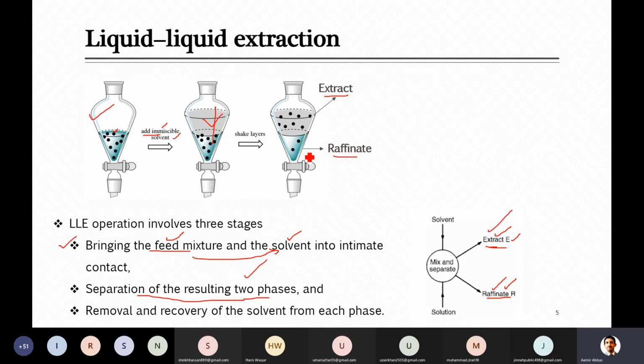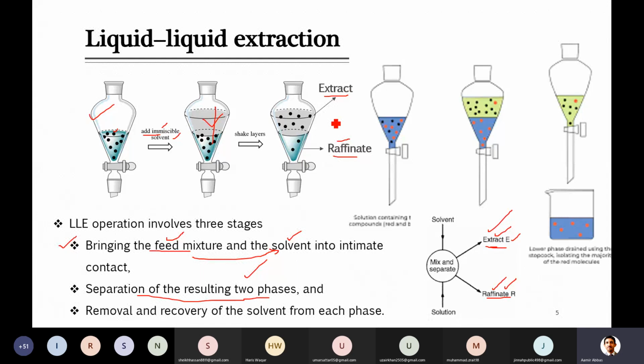But if your solvent is heavier than the feed, it will be reversed. Still, their names will be the same. Raffinate is that component of the feed from which you have extracted something, while extract is the solvent majorly containing some parts extracted from the feed.